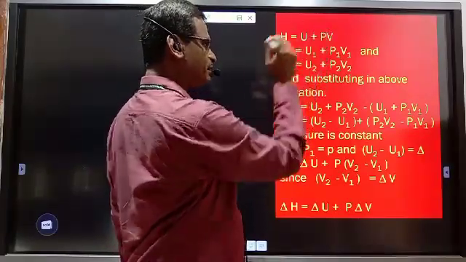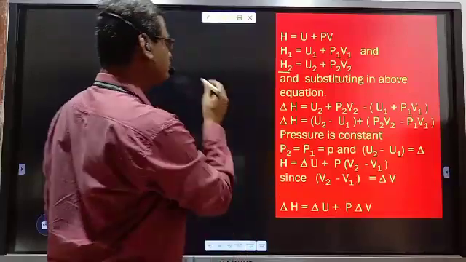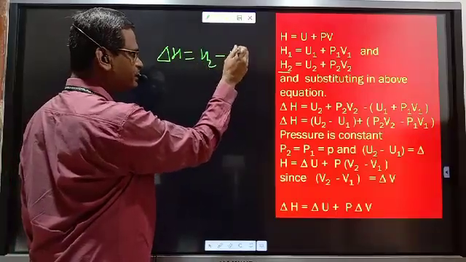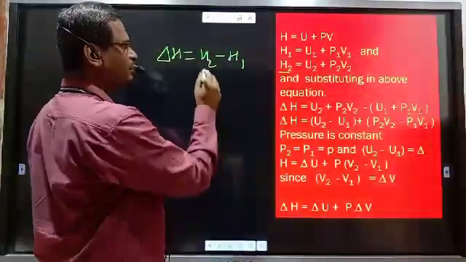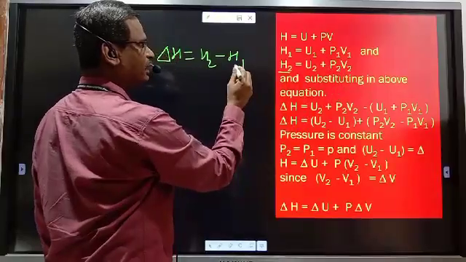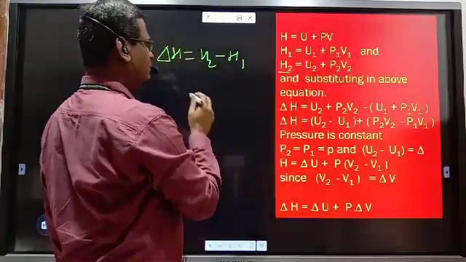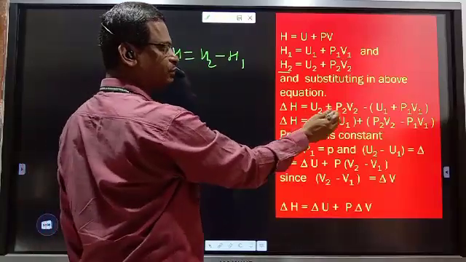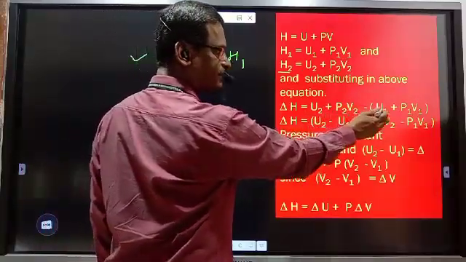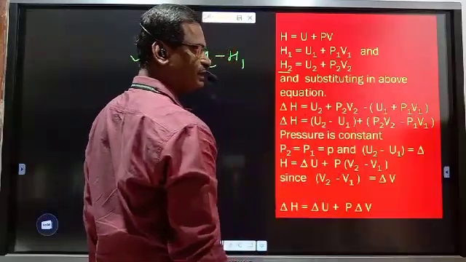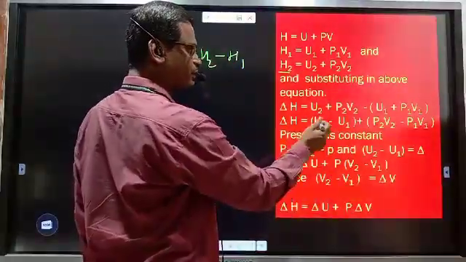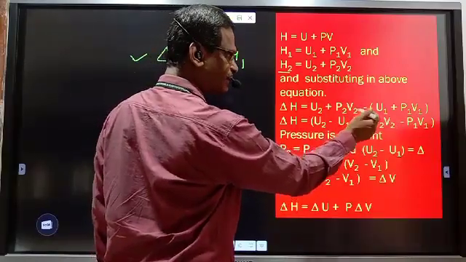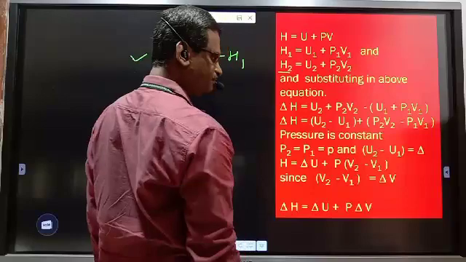Substituting these in the above equation, delta H is equal to H2 minus H1. Here H2 is U2 plus P2 V2 and H1 is U1 plus P1 V1. If we substitute these values, we can write delta H is equal to U2 plus P2 V2 minus U1 plus P1 V1. Taking similar terms together, U2 minus U1 plus, in another bracket, P2 V2 minus P1 V1.